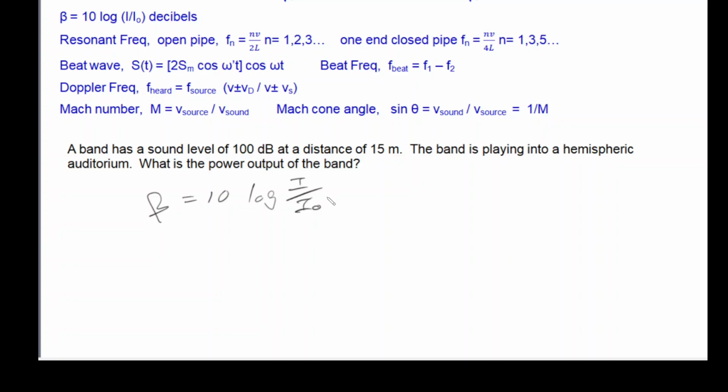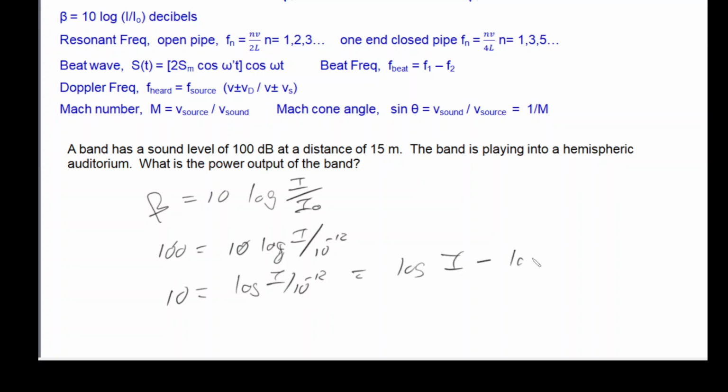So we're given that the sound level is 100 decibels, so that's equal to 10 times the log of I over I0, where the reference is 10 to the minus 12th. So we divide 10 into 100, we get 10 is equal to the log of I over 10 to the minus 12th, which is equal to the log of I minus the log of 10 to the minus 12th.